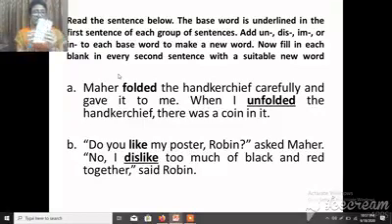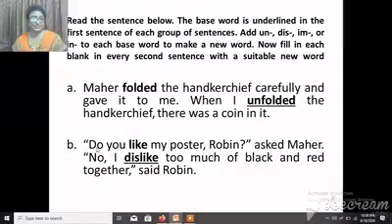When we do it this way, that is folded, and it's unfolded. Unfolded is the opposite word of folded. Meher folded the handkerchief carefully and gave it to me. When I unfolded the handkerchief, there was a coin in it.